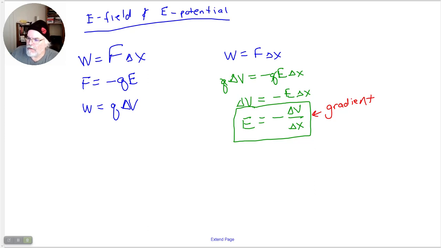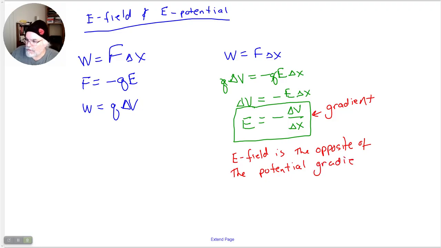So the electric field strength is the opposite of the potential gradient.